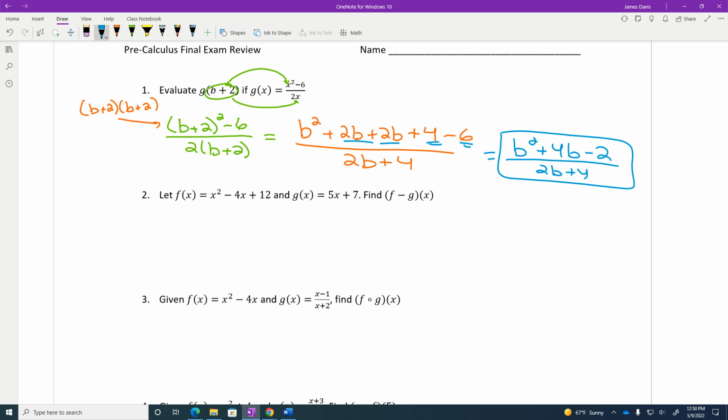The next one is just subtraction. This is just function notation. f minus g. The only thing you have to be careful with on this is to make sure you subtract the whole function. So all of f minus parenthesis 5x plus 7, because that negative has to get distributed to both of these terms when you subtract. It's here and here.